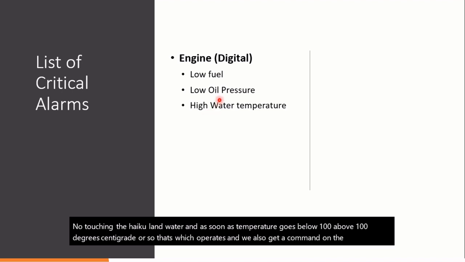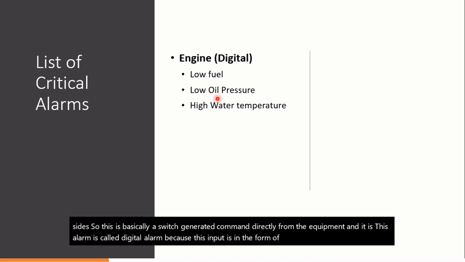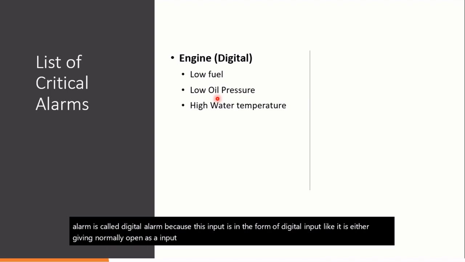So this is basically a switch-generated command directly from the equipment, and this alarm is called a digital alarm, because this input is in the form of digital input, like it is either giving normally open as an input or normally close as an input.